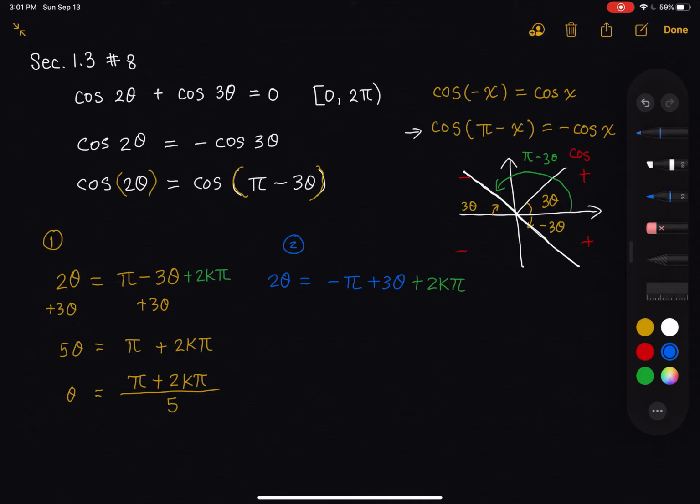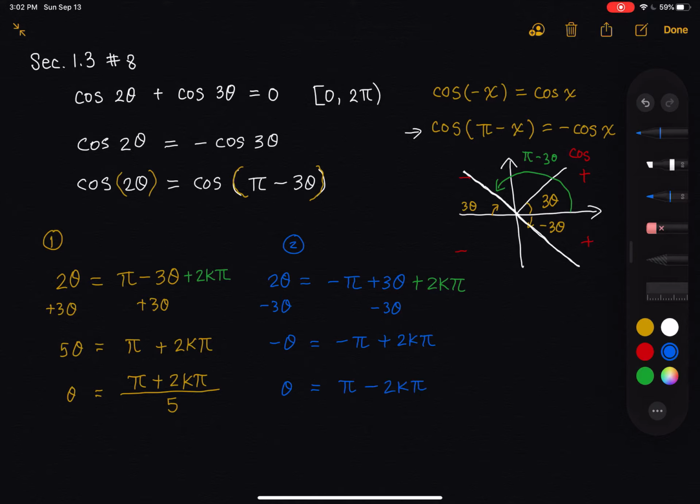The next one, we subtract 3 theta on both sides. We get negative theta equals negative pi plus 2k pi. And we divide both sides by negative 1. So theta equals pi minus 2k pi.